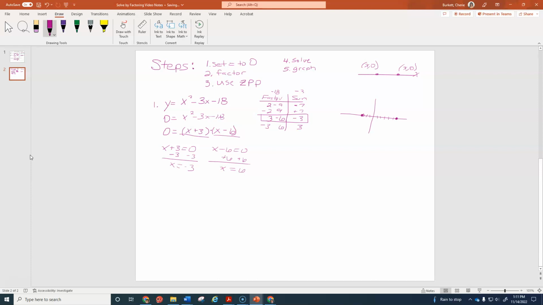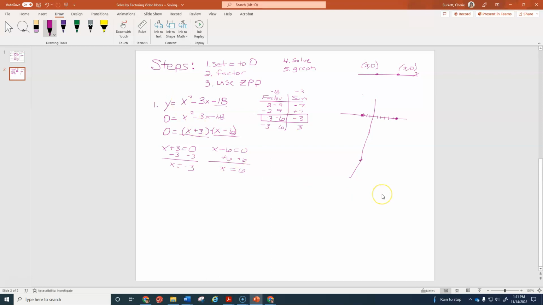What else do I know about this? This is look and know information. I have a y-intercept at negative 18. So way down here is my y-intercept. I can also do negative b over 2a and find my vertex if I needed to. I know that it's opening up because my a value is positive.